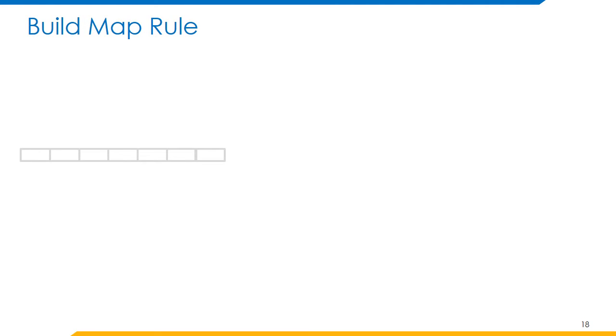Build map rule. Build map rule is run once every record or line is read. All the data cleansing operations and calculations are performed over here.